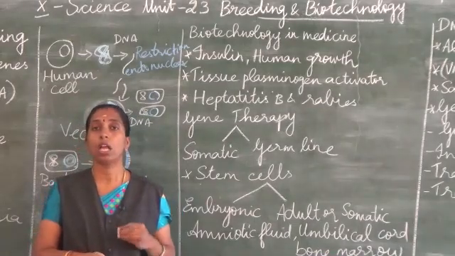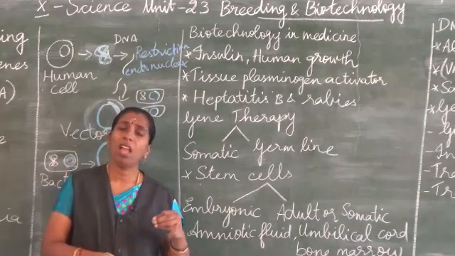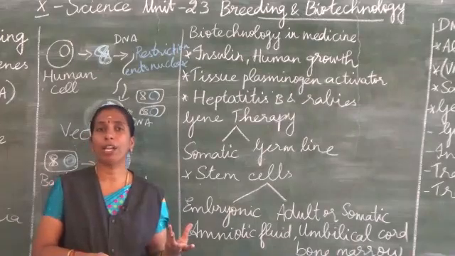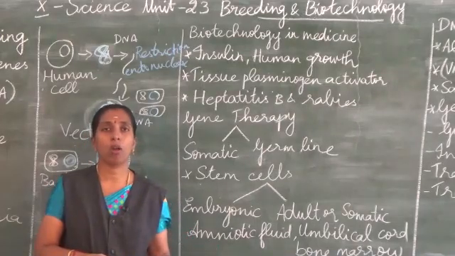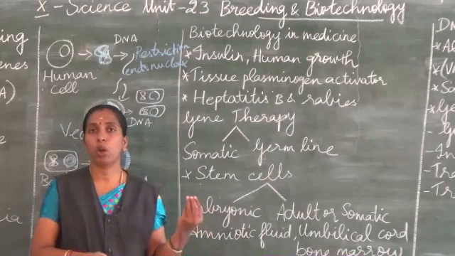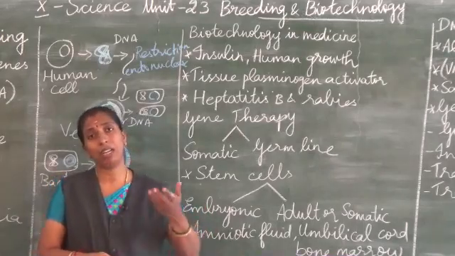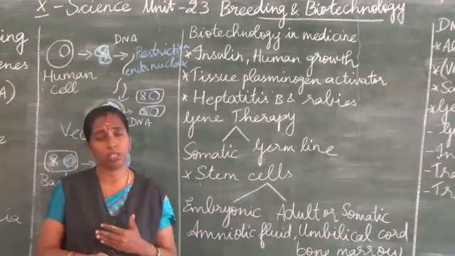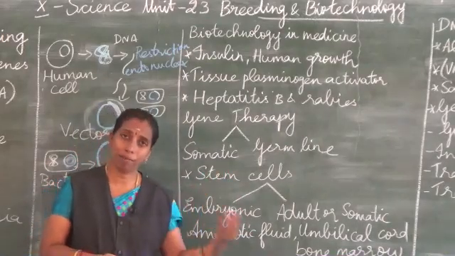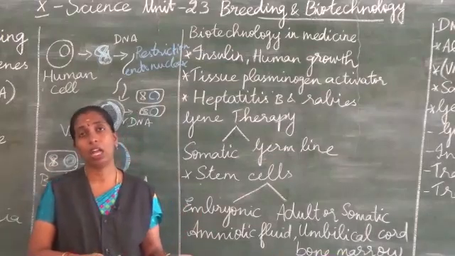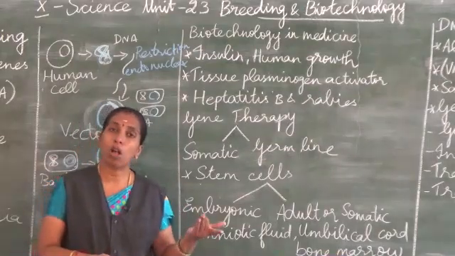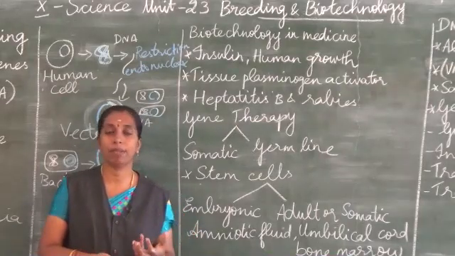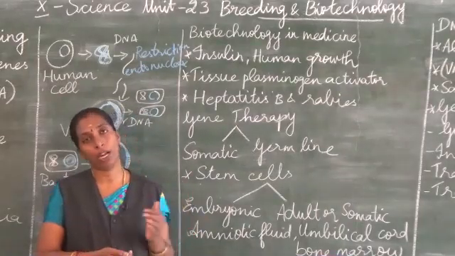It has enormous applications. Even simple uses like production of wine and beer are biotechnology, and it all started from the 18th century. Production of vinegar, that is acetic acid, beer, wine, vaccines, transgenic plants, transgenic animals, all come under biotechnology.